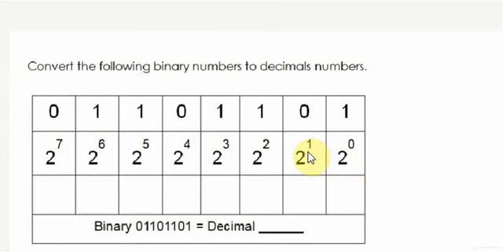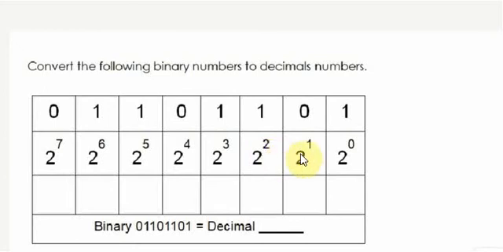The next one to the left, if it was a decimal number, would be 10 to the 1, or the tens position, but it's a binary number, so it's 2 to the 1, or the 2s position. The next one to the left, if it was a decimal number, would be 10 to the 2, or the hundreds position. In this case, it's 2 to the 2, which is the 4s position.